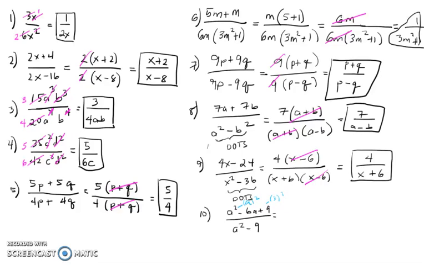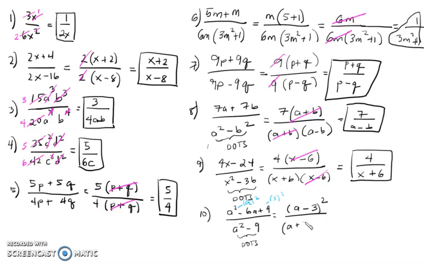So therefore, I could say that this is a perfect square trinomial, and factoring a perfect square trinomial is simply getting the first and the last term. So that would be (a minus 3) squared, all over. In the denominator, it is obvious that I have a difference of two squares. Again, simply get the product of the sum and difference of the terms.